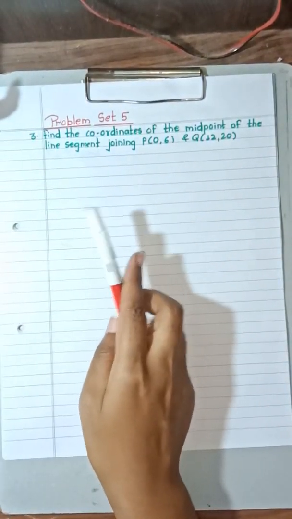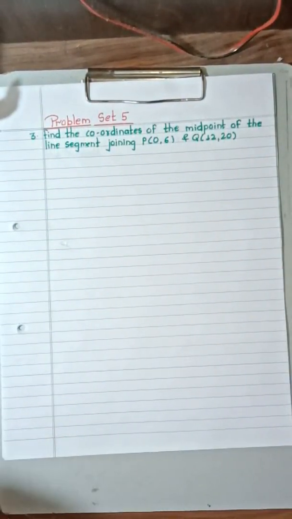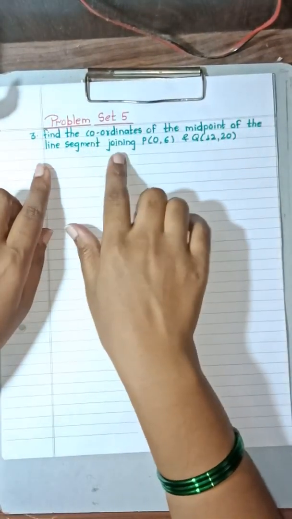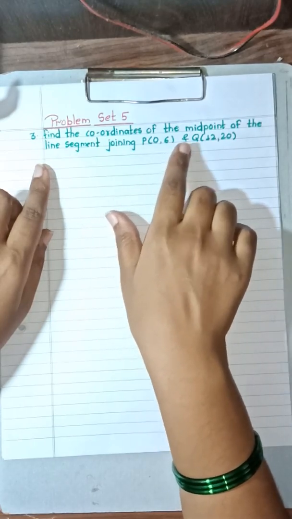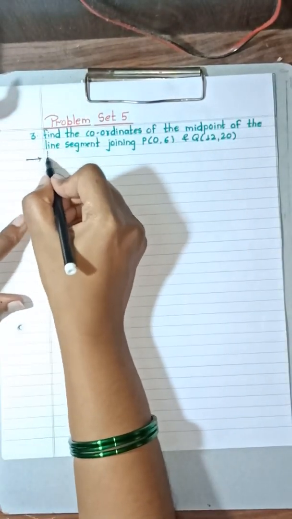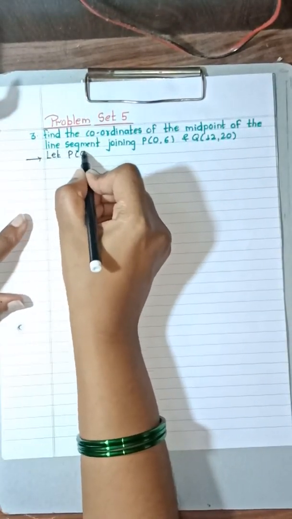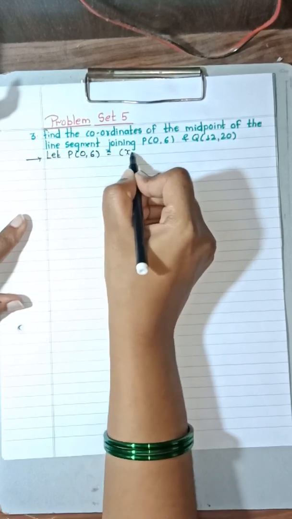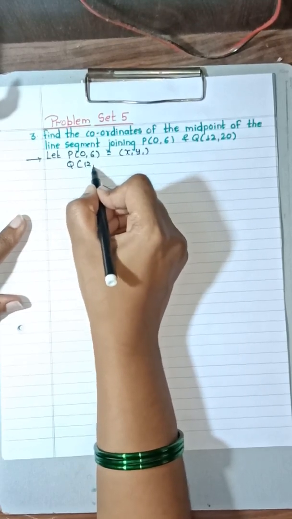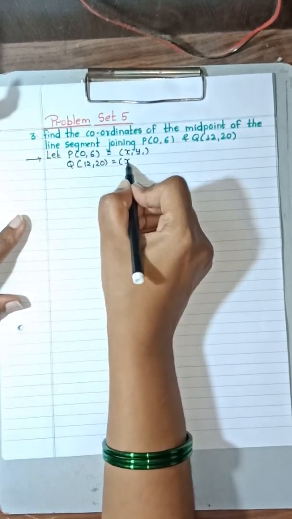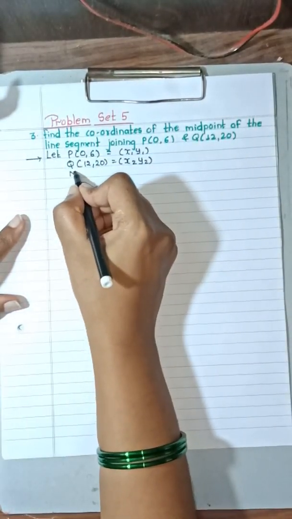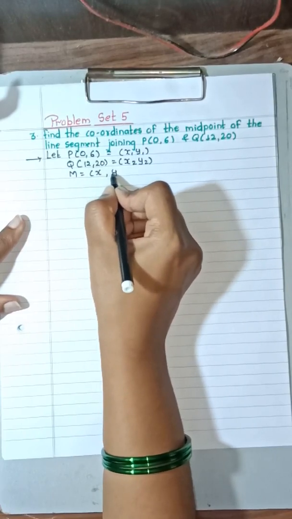Now this is a very easy question. In this question they have told you to find the coordinates of the midpoint of the line segment joining P(0, 6) and Q(12, 20). Here let P(0, 6) be equal to (x1, y1) and Q(12, 20) be equal to (x2, y2), and we'll consider M as the midpoint of this segment, M is equal to (x, y).